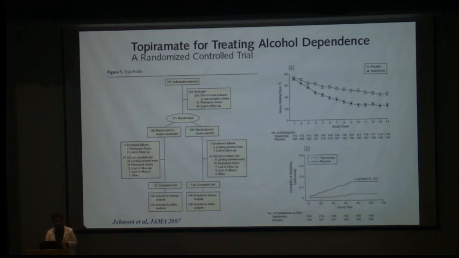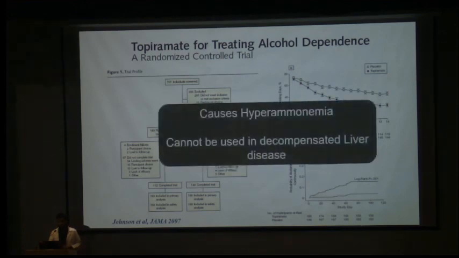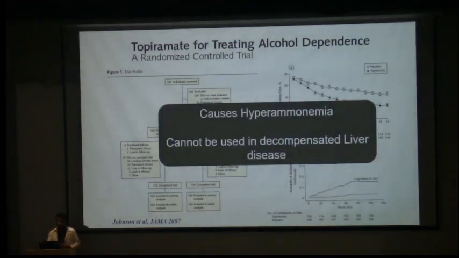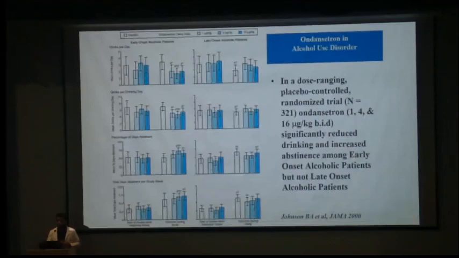It significantly improves the probability of abstinence when continued over 3 to 4 months. But one important side effect that reduces its use is that it causes hyperammonemia. So in patients with advanced and decompensated liver disease, it can become a problem.